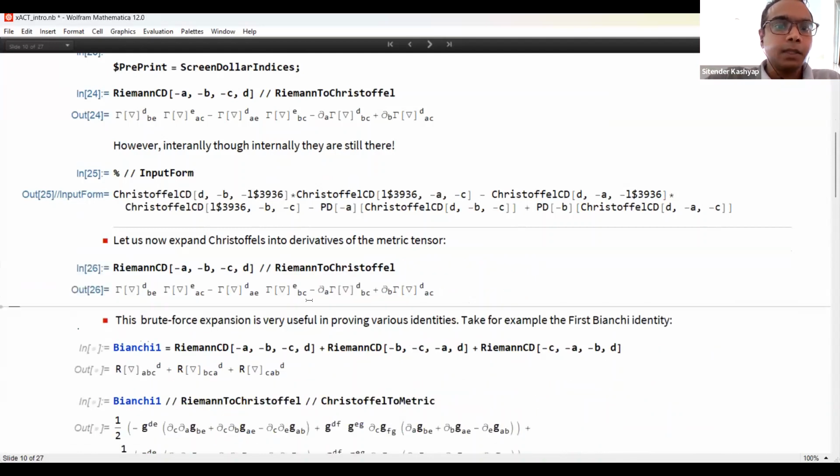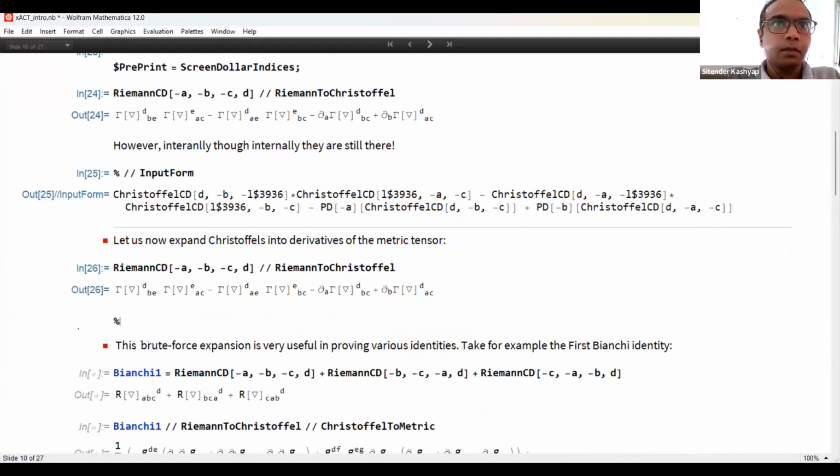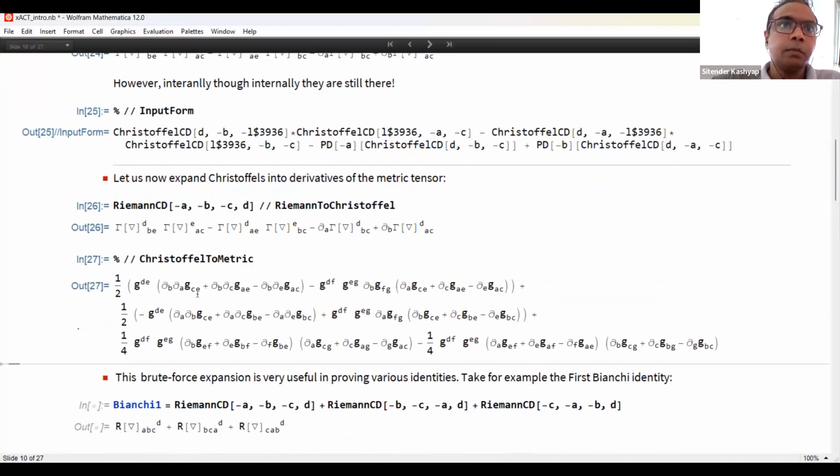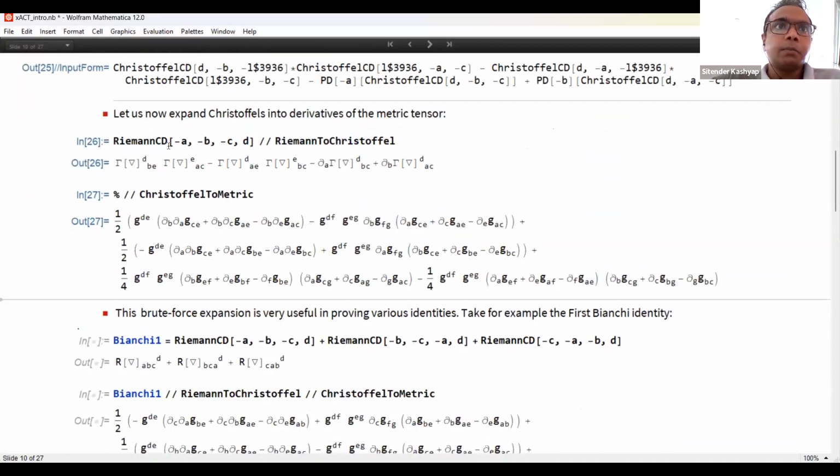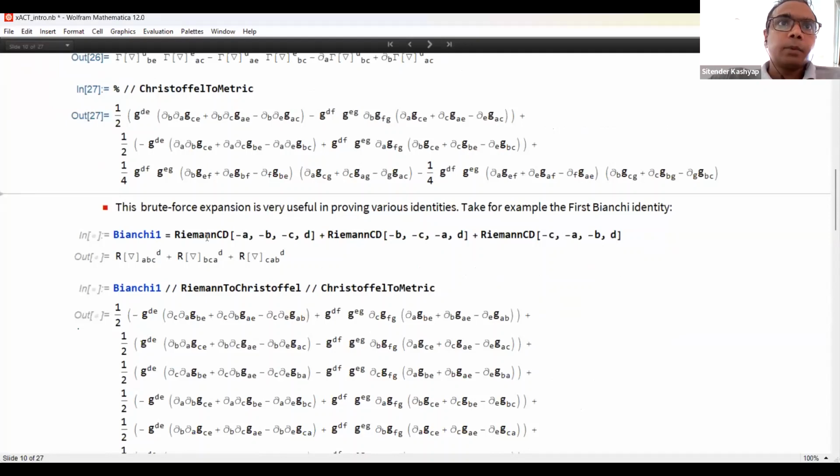So you see what has happened is that it has converted Riemann to the Christoffel connections, and then we convert Christoffel to metric. So Riemann tensor has been re-expressed in terms of the metric and its derivatives. This brute force expression is very helpful in proving various identities.